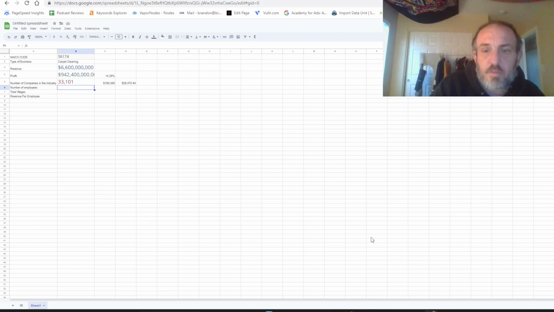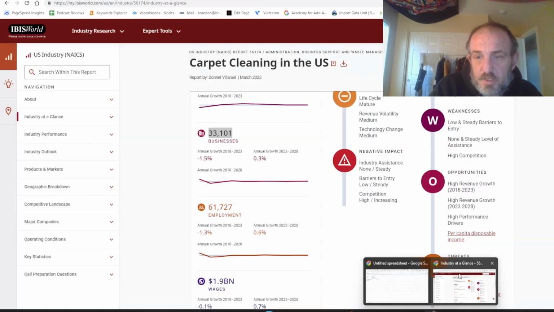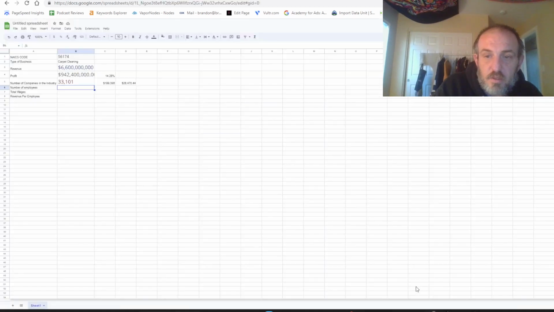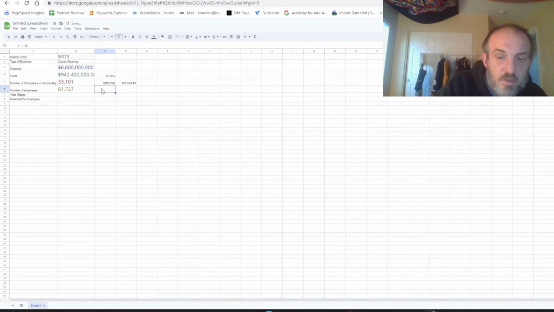So the number of employees, we go back to this. Employment is 61,727. Put it right there. So if we do this, divide this, that's going to give us the approximate revenue per employee.